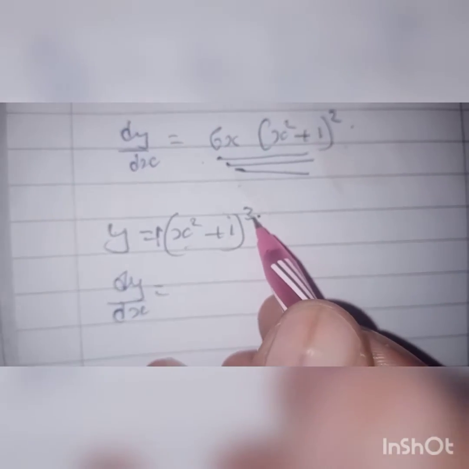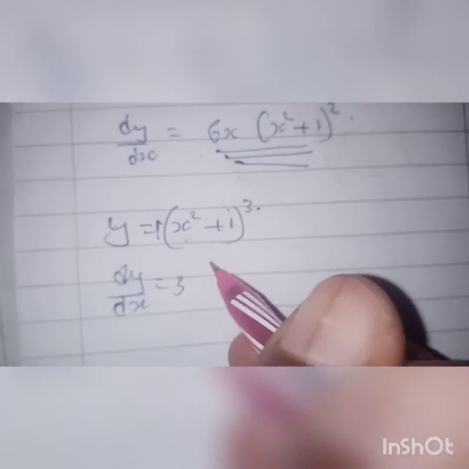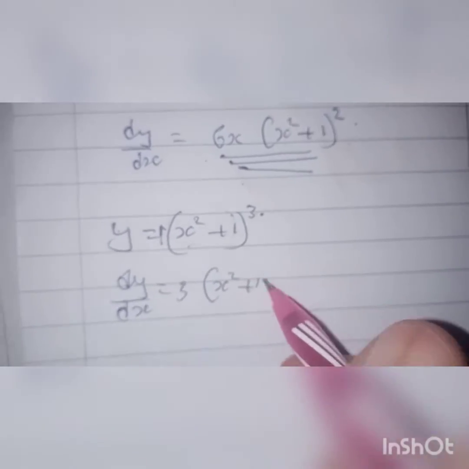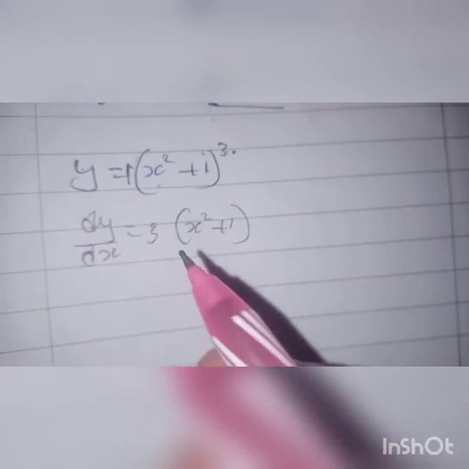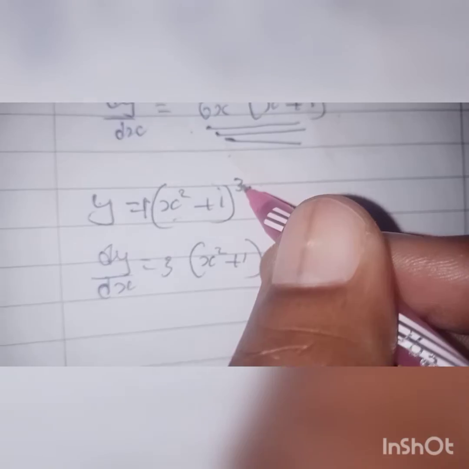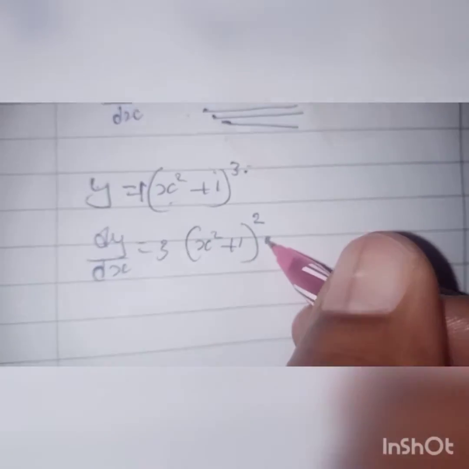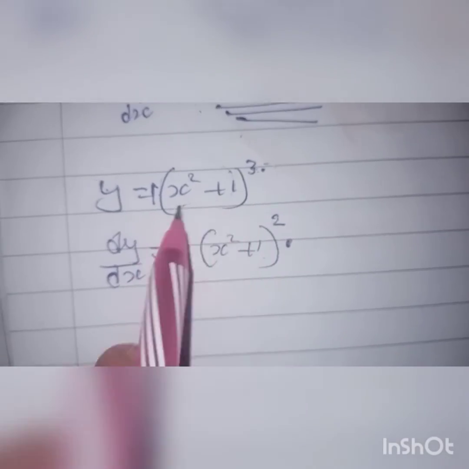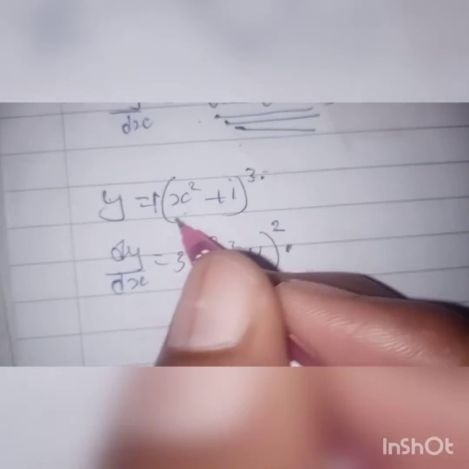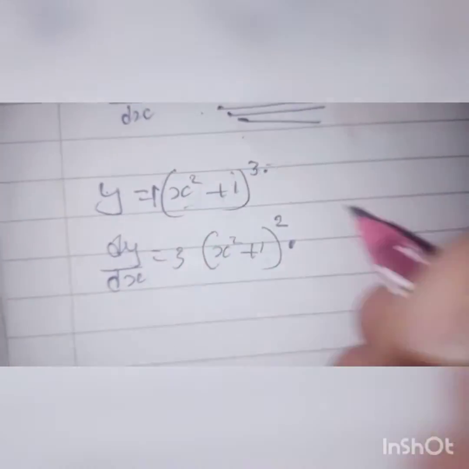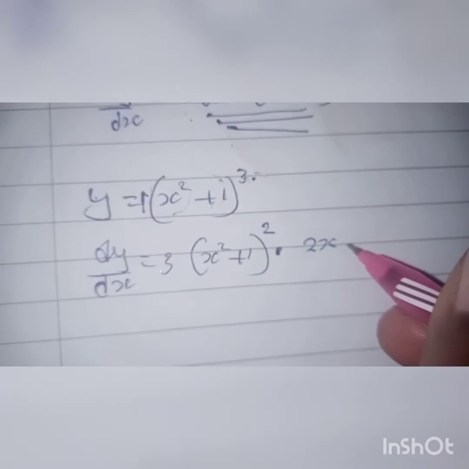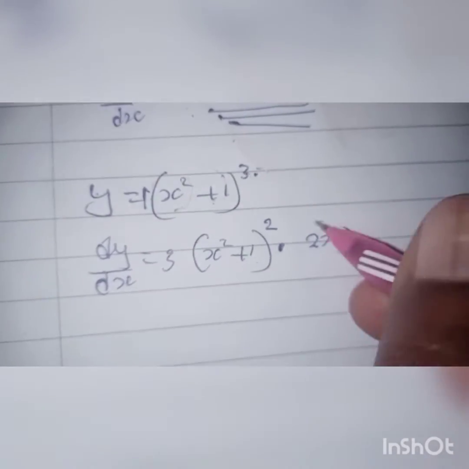It will be 3 multiplied by 1, which is 3, into, just assume that you are not seeing the inner function, 3 minus 1, which is squared. Then multiplied by the derivative of the inner function. The derivative of the inner function equals what? 2x plus 0, which is 2x.